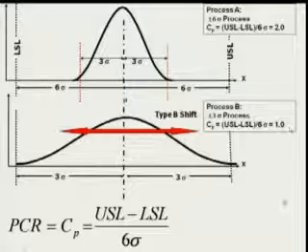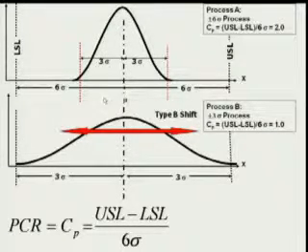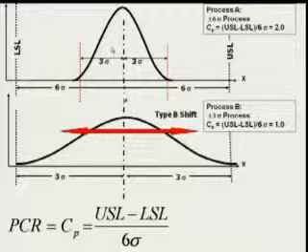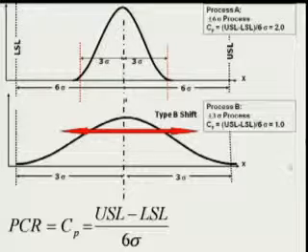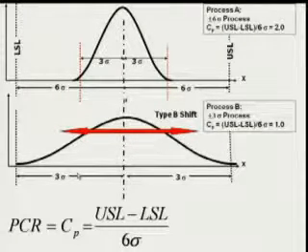Now let's look at process B. In process B, you really don't have any room. You see, process A at the 3 sigma is falling way within the plus or minus 6 sigma. Process B, on the other hand, when this process is shifted sidewise, we see that we don't have room anymore, because at this point we have a process that's already expanded at the upper and lower spec limits to 3 sigma.